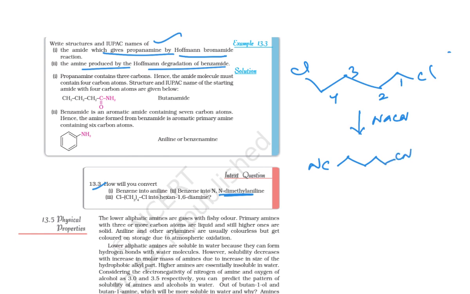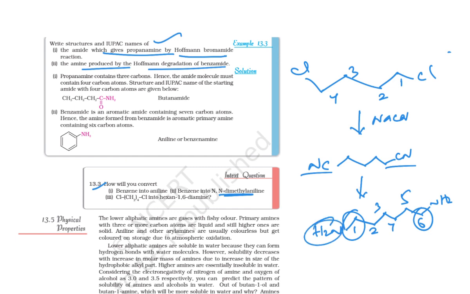Then we do the reduction. What is it going to give? H2N. So 1, 2, 3, 4, 5, 6. So at the 1 and 6 positions there is NH2, right? So hexane-1,6-diamine. Clear?